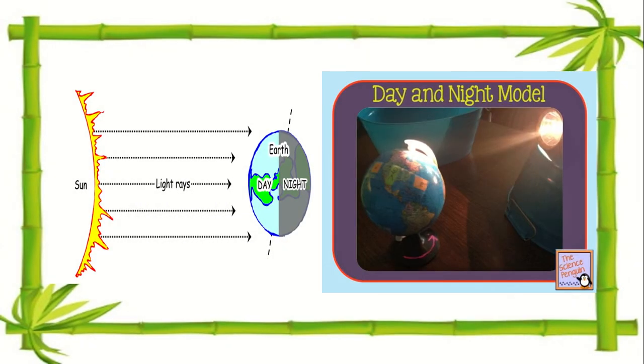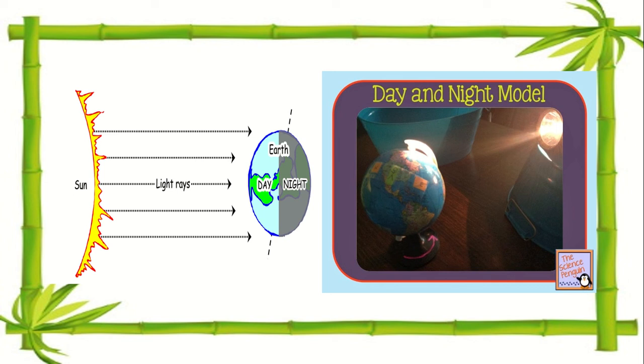So dear learners, you have learned from here how the Earth rotates, and from Earth's rotation occur day and night, and it is the effect of diurnal motion. So day and night occur due to diurnal motion.